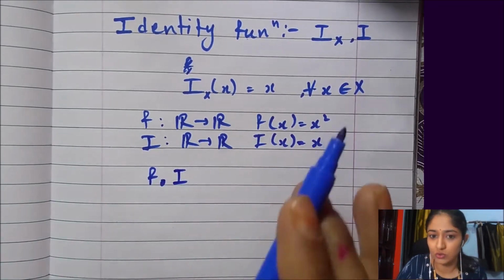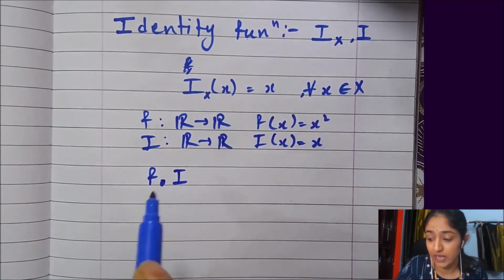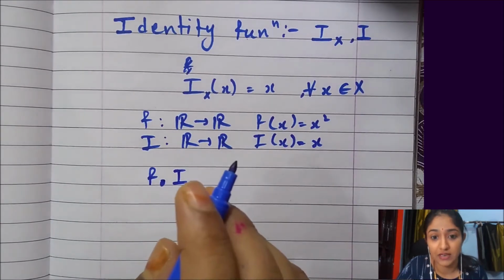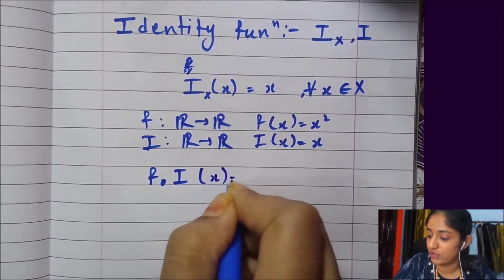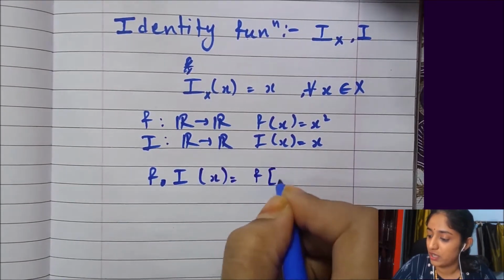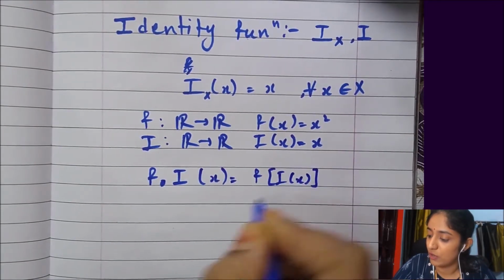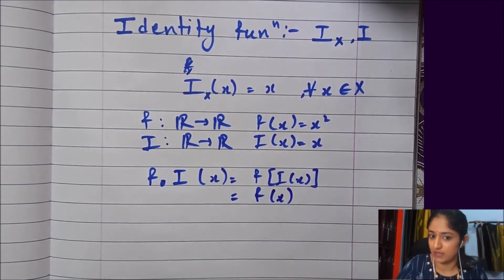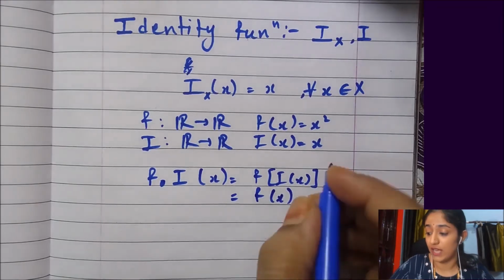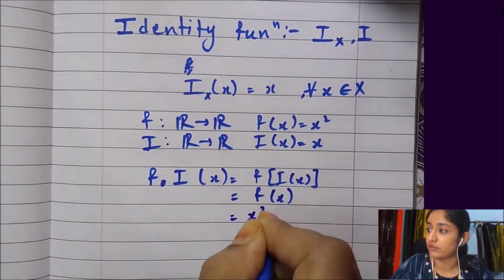We already know that they are defined. So this will be f of I of x. I of x we already know is x, so f of x, and that's it. We don't have to do anything. F of x is x square, right?